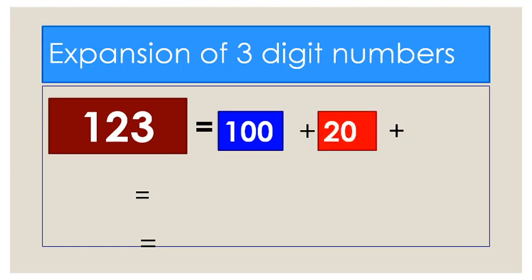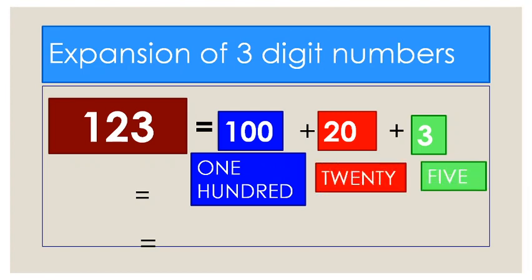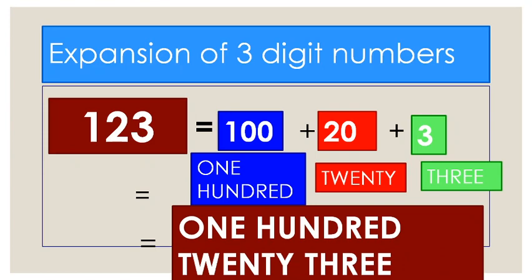And 3 is placed in the position of ones, so the place value of 3 is 3. So it will be written as the first one is 100, the second one is 20, and the last one is 3. When we join these three boxes, it will be 123. Like this we can find out the words of any 3-digit number.